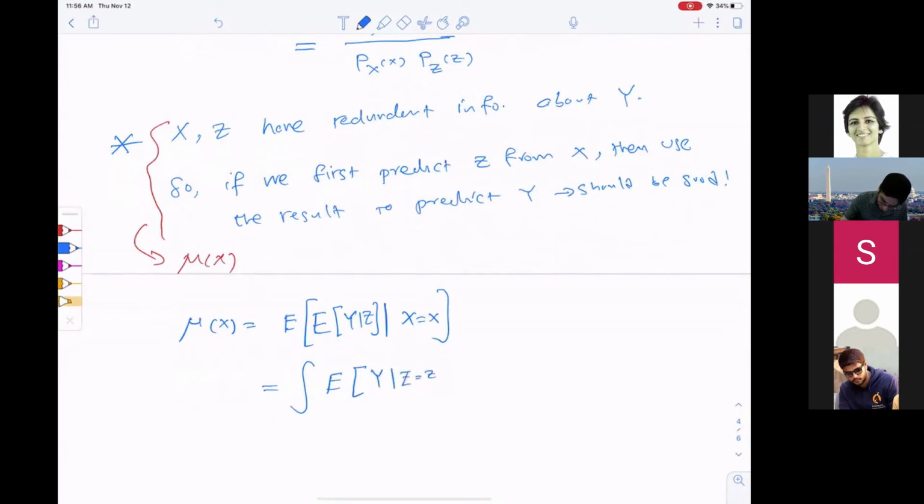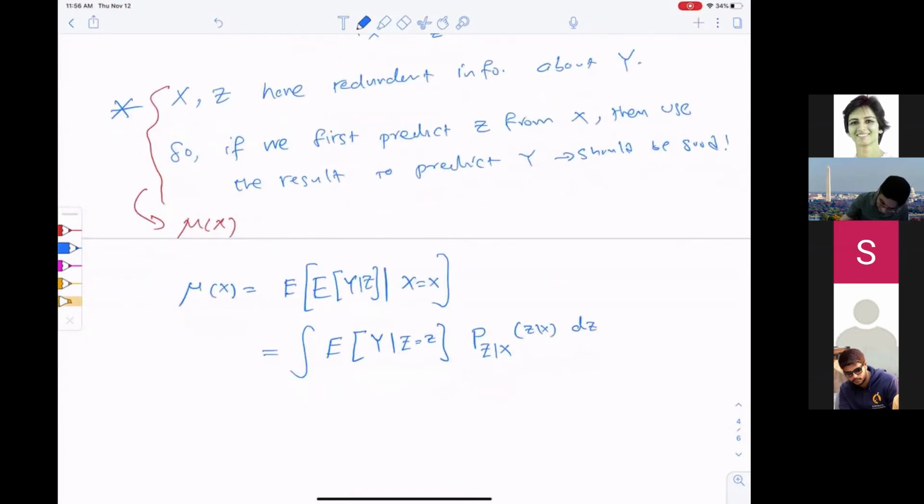Z would be a distribution depending on the value that we predict. What is that distribution? That's the conditional distribution of z given x. So for a given x, I'll have a distribution on z's, and for each of them, I'm going to predict my value of y, and take the average based on the probabilities. That's basically this predictor.